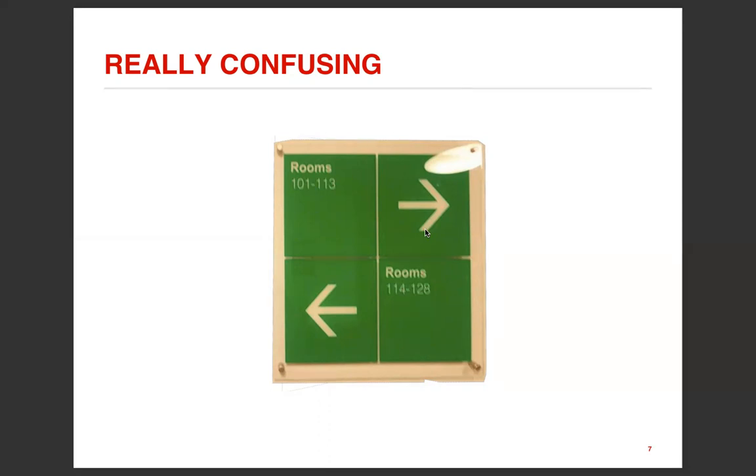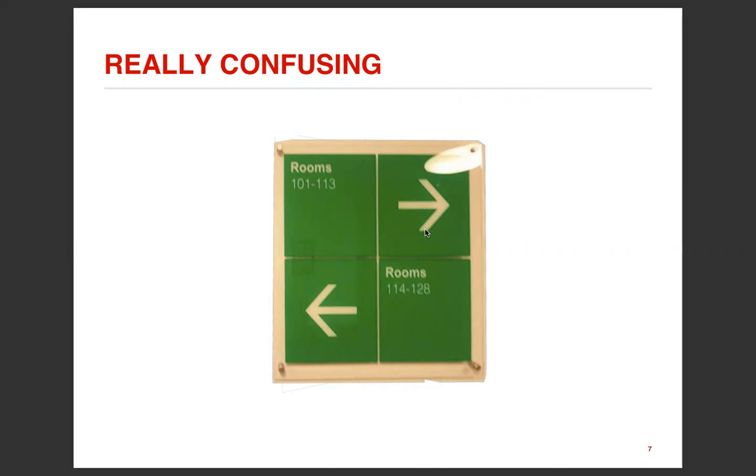This is a really confusing design. Why am I saying that? Right now, when I come and see this sign, someone would think rooms 101 to 111 is this building, in fact, the flyer or the poster is embedded on that room.